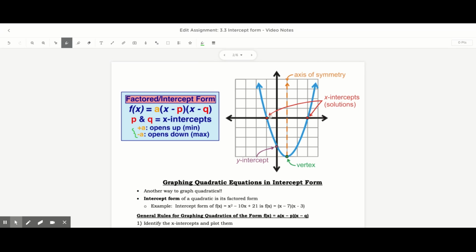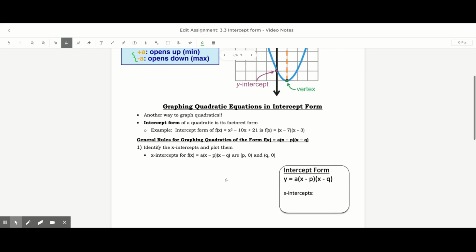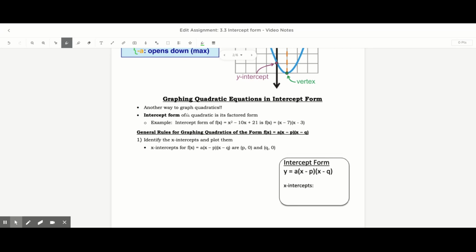That's telling us these two points here on my graph. Graphing quadratics in intercept form is just another way to write the equation. Intercept form is its factored form, so you're just going to hear these two words used interchangeably.